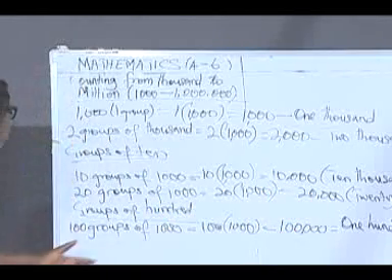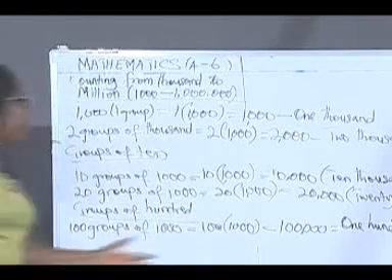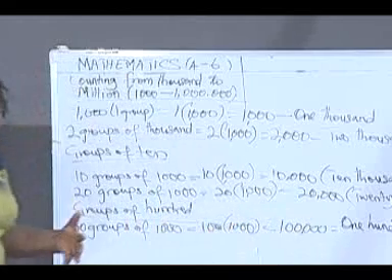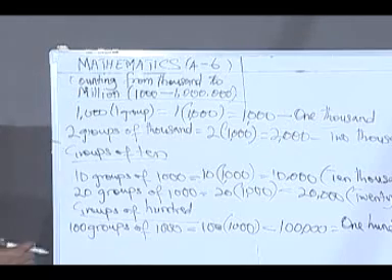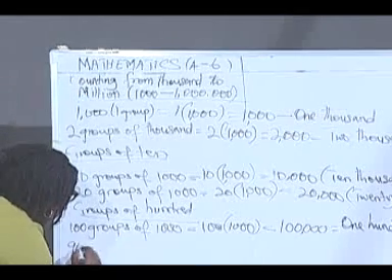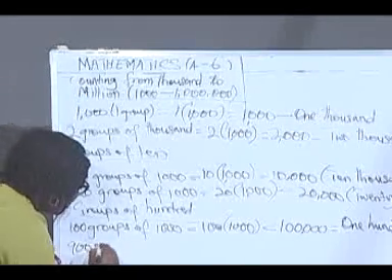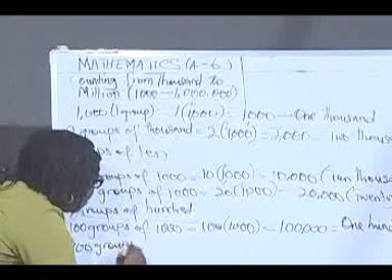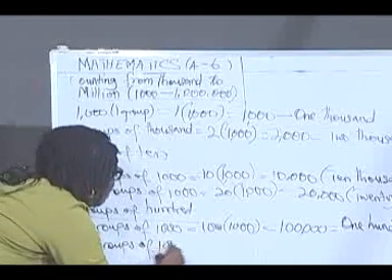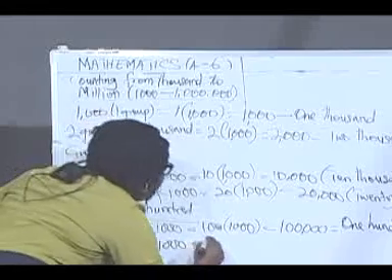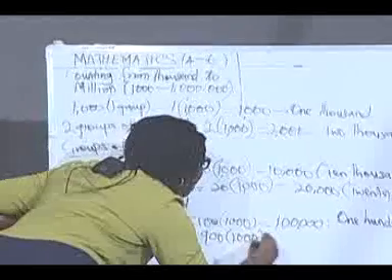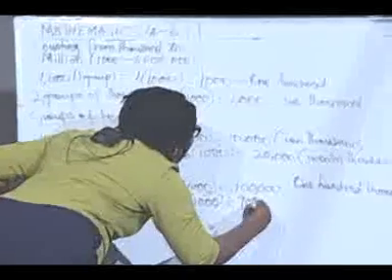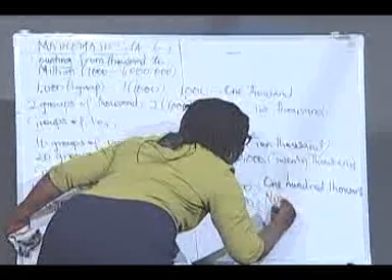In the same manner, if we have 200 groups, it should be 200,000. If we have 300 groups of 1,000, we have 300,000. For 500 groups, we have 500,000. For 900 groups of 1,000, it will give us 900 times 1,000, and that will be 900,000.